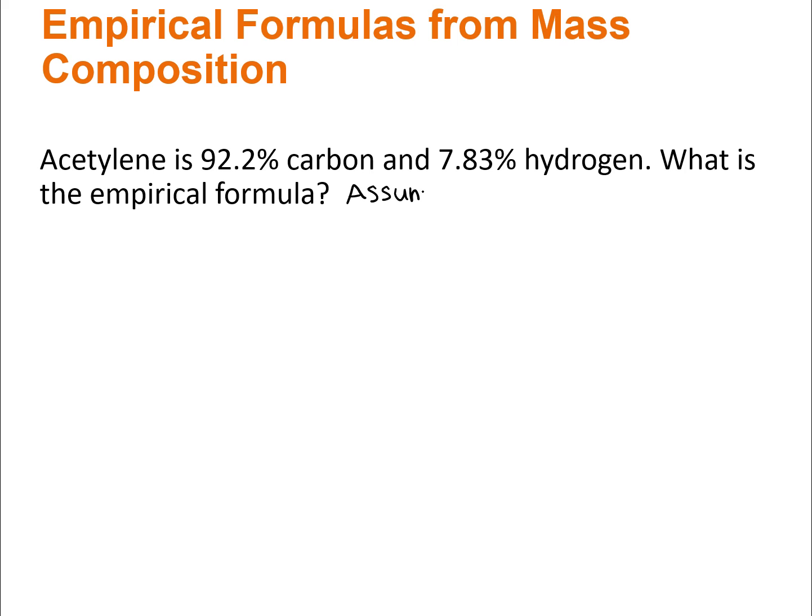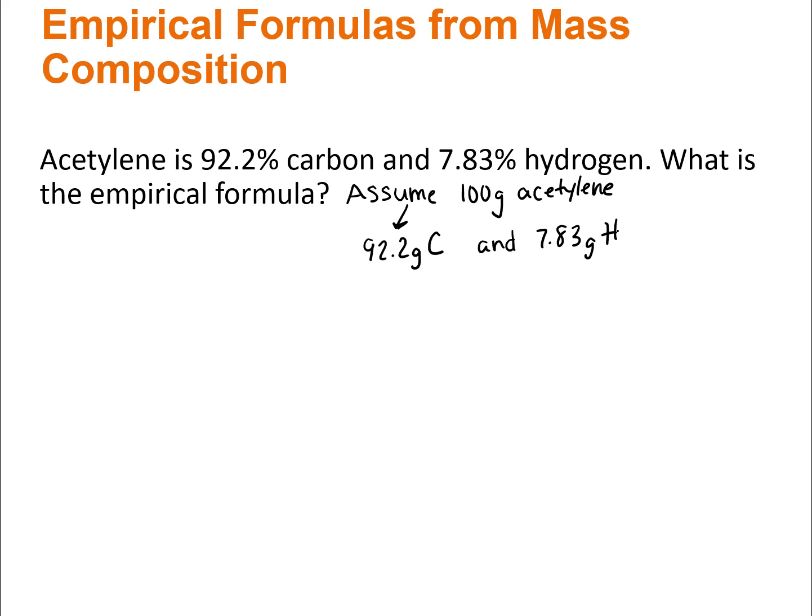If we assume that we have 100 grams of acetylene, then that means that we would have 92.2 grams of carbon and 7.83 grams of hydrogen.